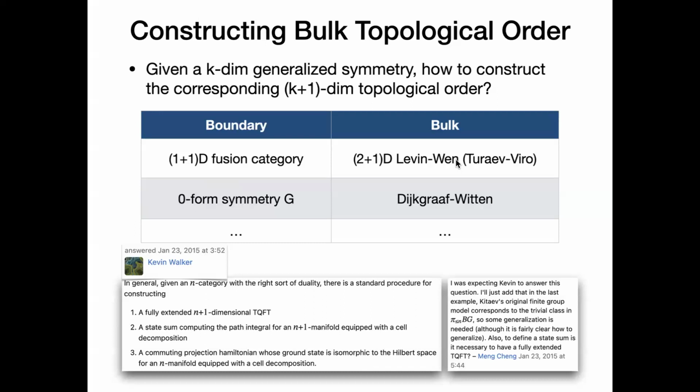It is, but it is the gauge field for the k-dimensional layer. So you have a k plus 1 dimensional bulk model, but the gauge fields are introduced as k-dimensional gauging. You can also regard the k plus 1 dimensional topological order as a gauge theory, but these gauge field degrees of freedom are not gauge fields in that sense. It's the gauge field for the k-dimensional layers. Oh, I see. That's the difference. Okay, thank you.